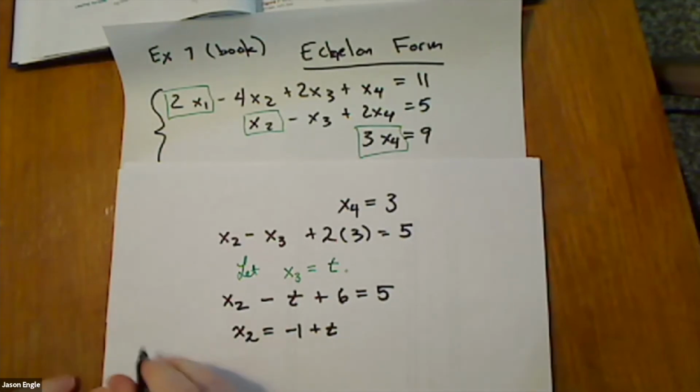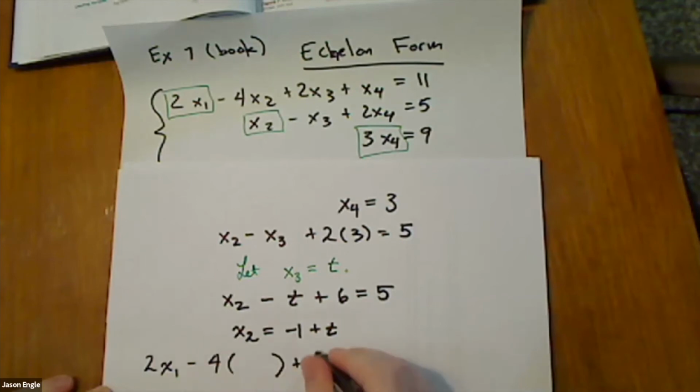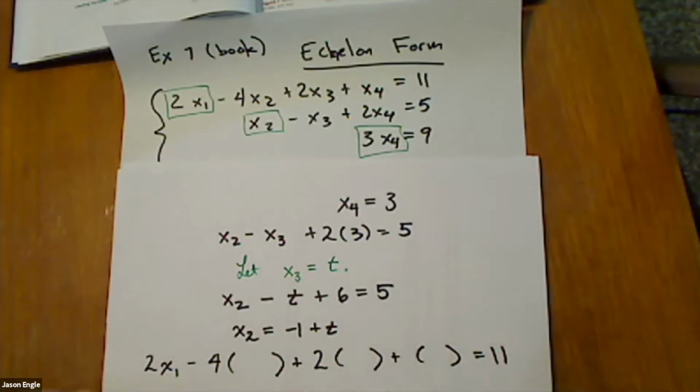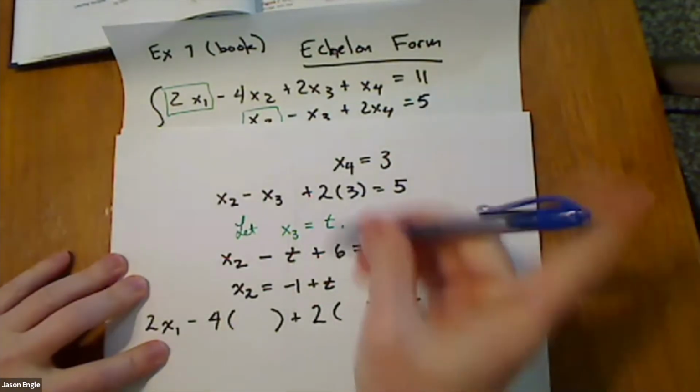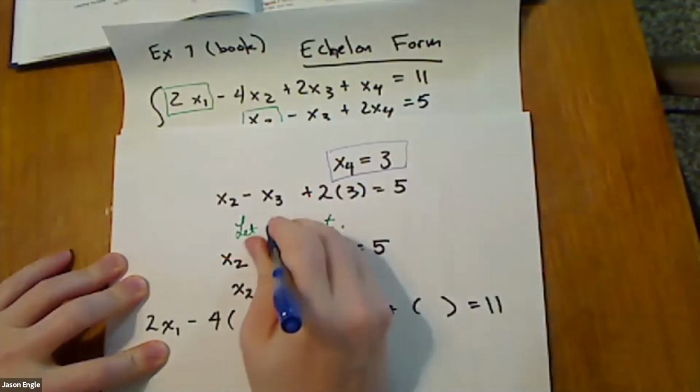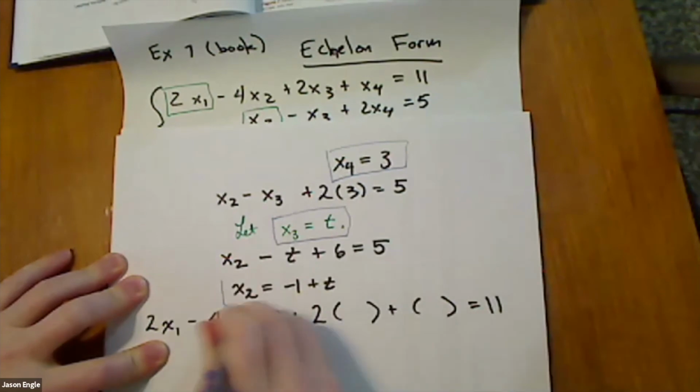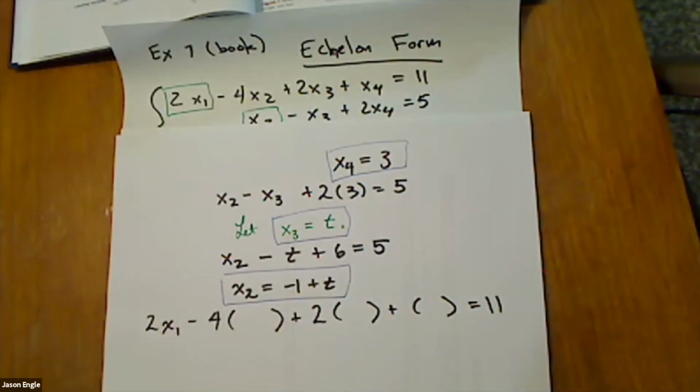I can go back to equation 1. 2x1 minus 4x2 plus 2x3 plus x4 equals 11. Can you see that? There it is. And now I can see what x4 is, what x3 is, and what x2 is.